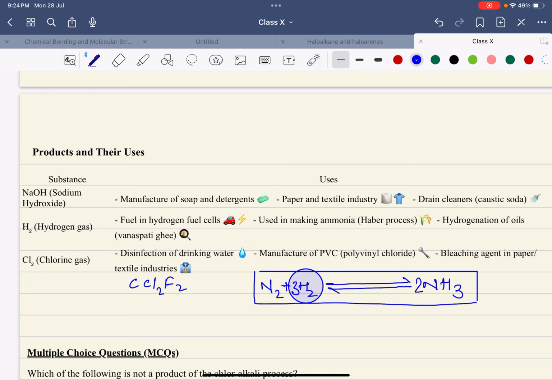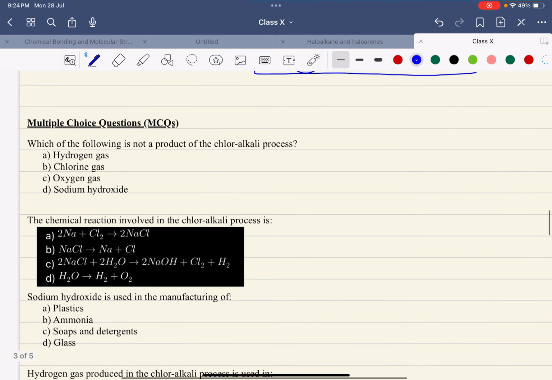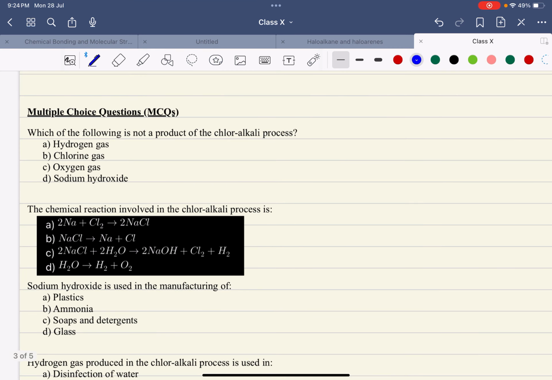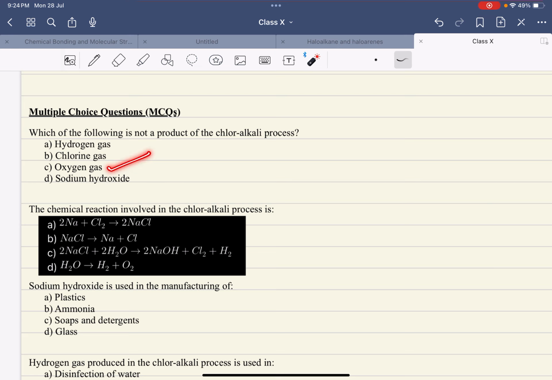Then on the basis of the above understanding, we are able to explain some multiple choice questions. Question number 1. Which of the following is not a product of the chloralkali process? Hydrogen gas, chlorine gas, oxygen gas and sodium hydroxide. The correct answer is the one which is not a product: oxygen gas is not a product.